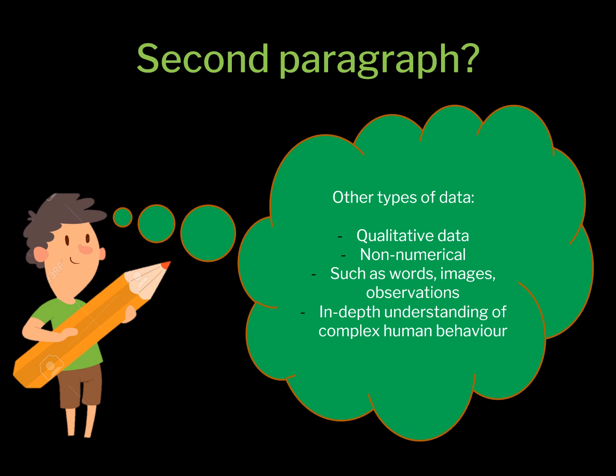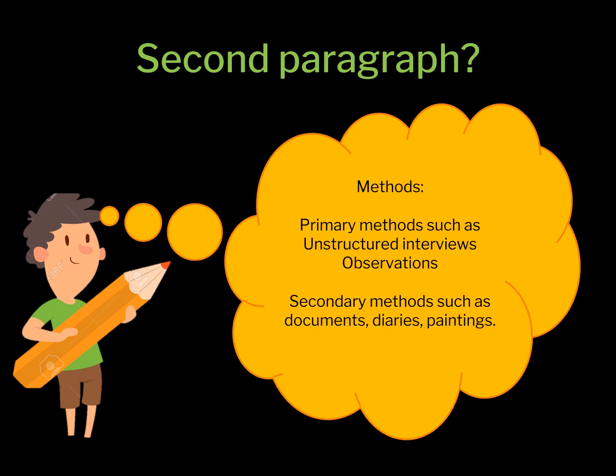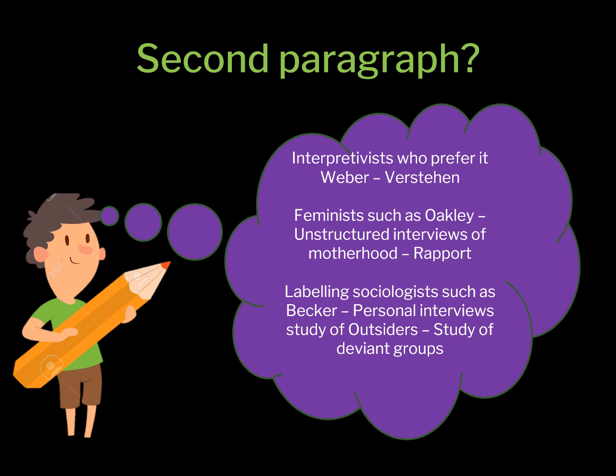So you would start with a second type of data. This time it can be qualitative data, and show understanding by explaining what that is. And that will gain you AO1 marks. Then I start to apply it to the methods that sociologists might use, such as unstructured interviews, observations and documents, to start to gain that AO2, and develop that application further by applying examples of studies justifying why they use this type of data in their research.